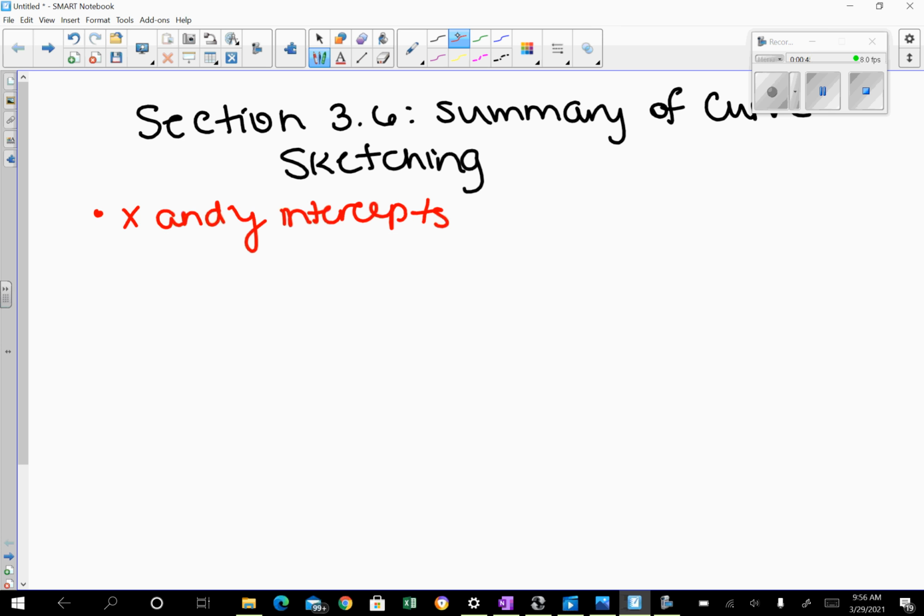Second is symmetry. Next is domain and range. These are all pre-calc topics so far.